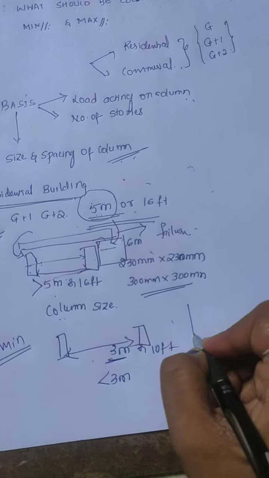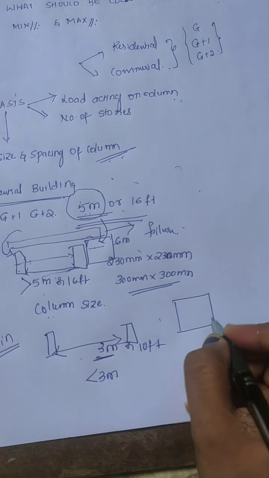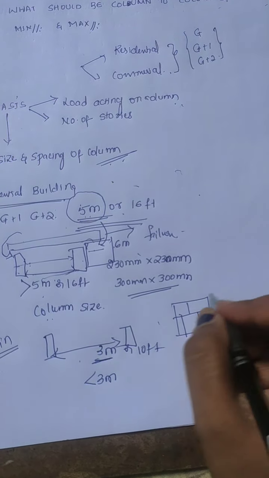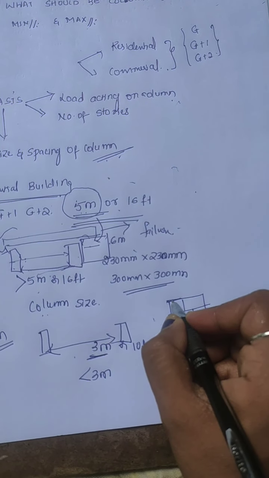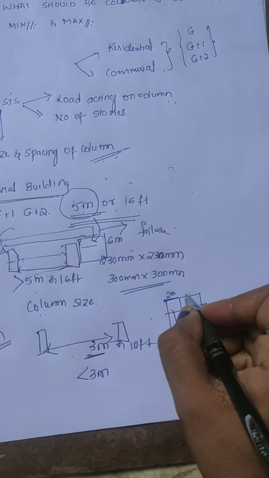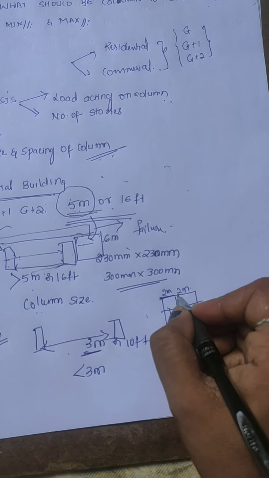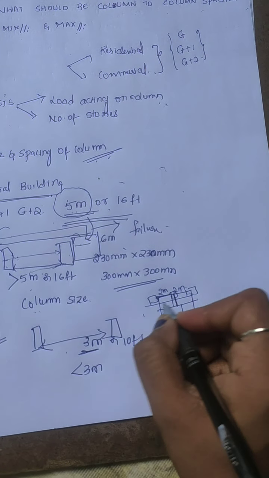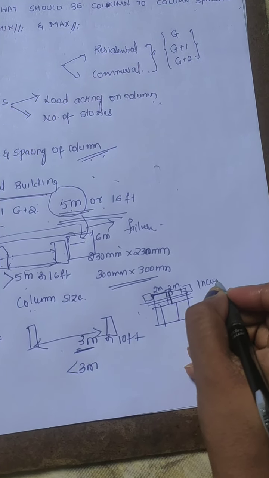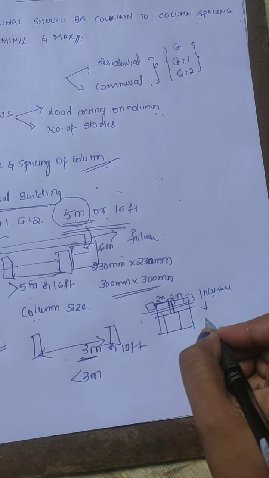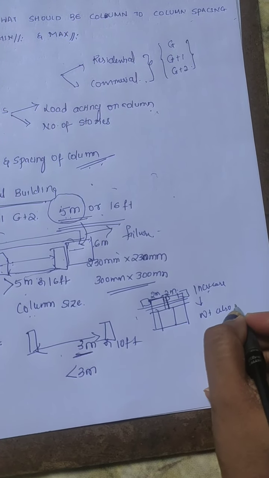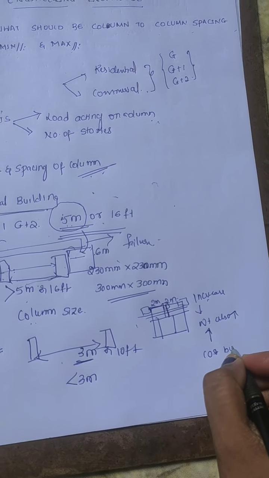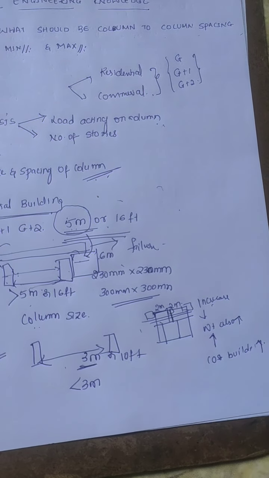I'll show you one plan. Say this is a 2 meter distance, and this is 2 meter, then what happens? Your number of columns will increase, and along with this the weight also increases. With this, the cost of the building also increases.